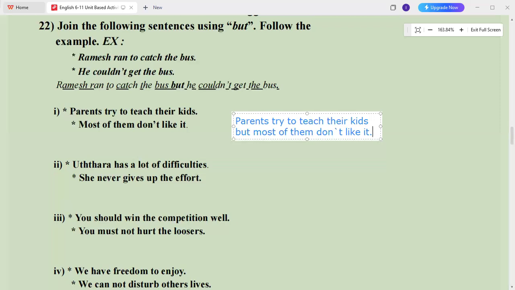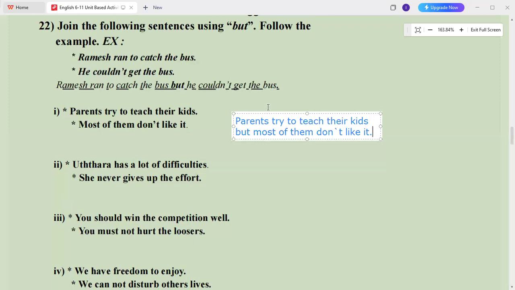Now you see, parents try to teach their kids, but most of them don't like it, right? So that way we can combine two sentences, right?